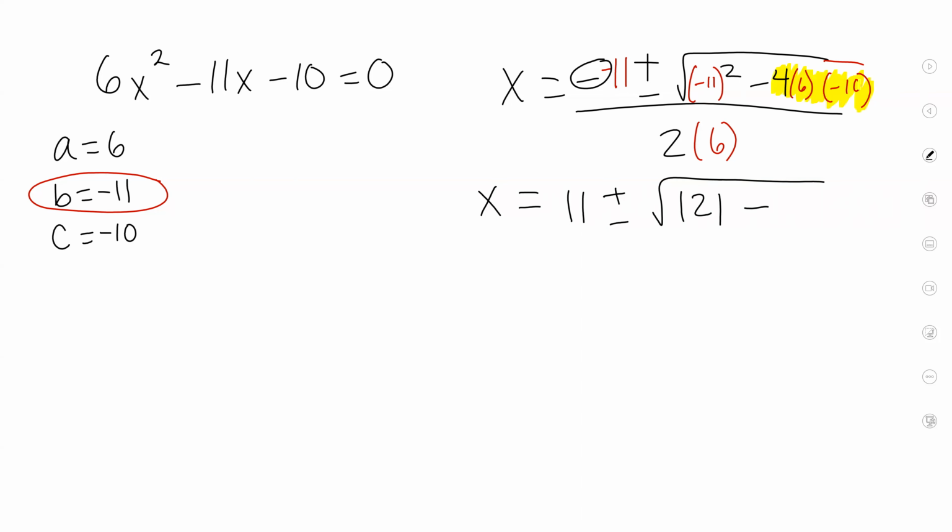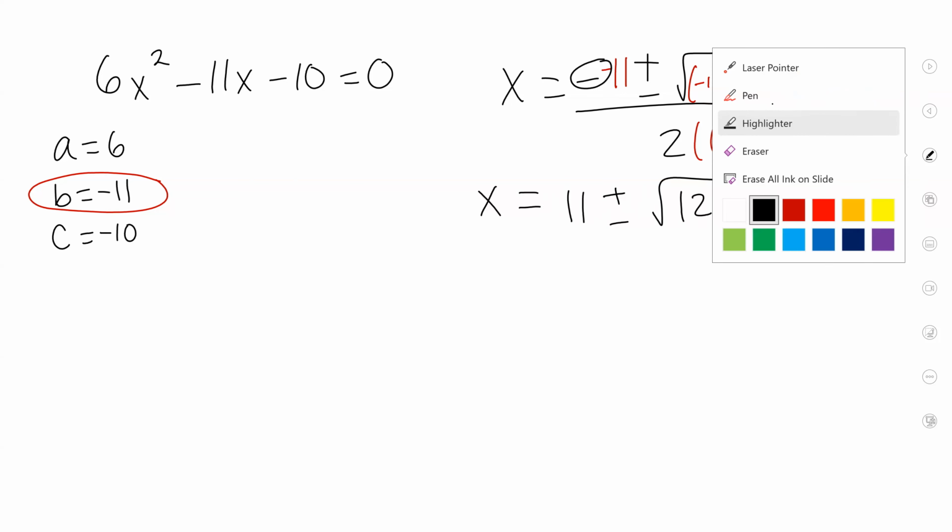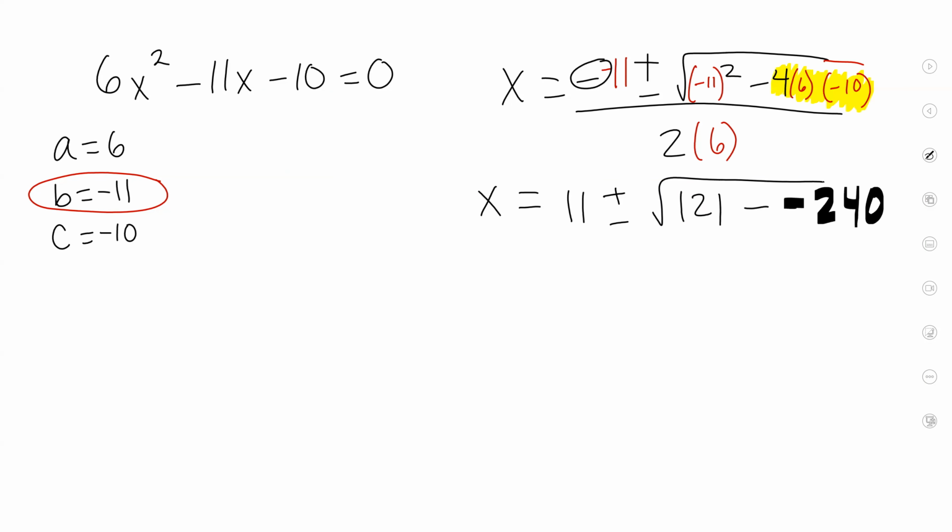So 4 times 6 is 24, times a negative 10 will be negative 240. So guys, notice in here I have a double negative. So this will become a positive when I simplify. And then 2 times 6 is 12. And we're going to continue simplifying.